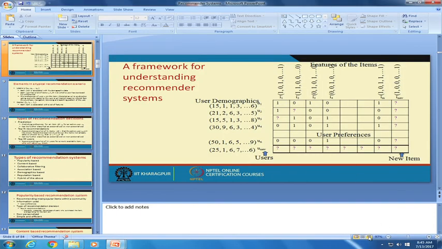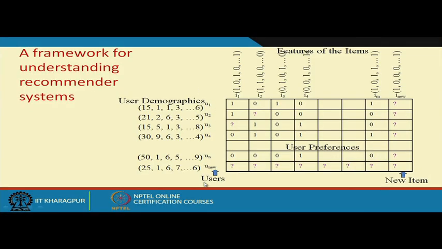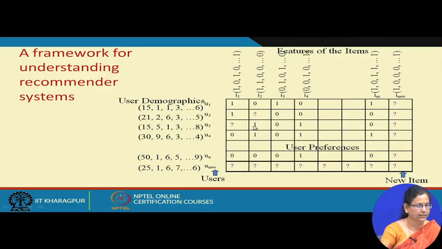So, rows are the users, columns are the items. Now, what does this matrix contain? The matrix contains the preference of individual users on each of the items. In this example we have made it a binary matrix, but in reality, depending on the kind of recommender system you are dealing with or the kind of data that you have, this may not be binary; it may contain other values as well.